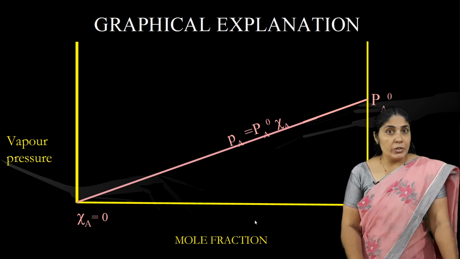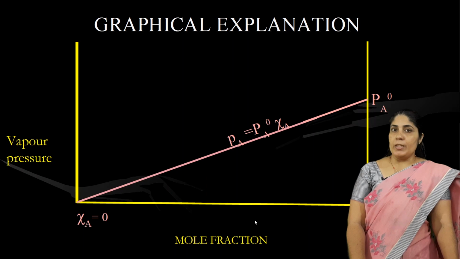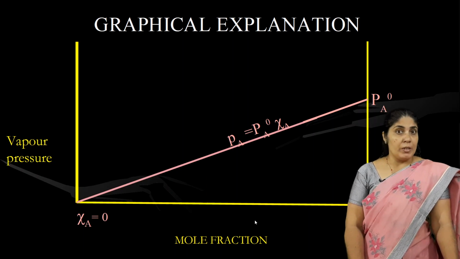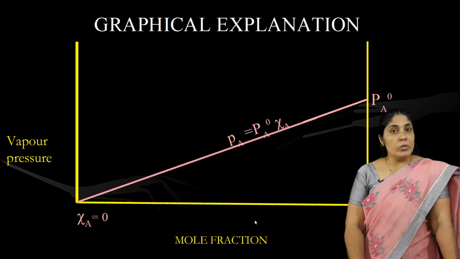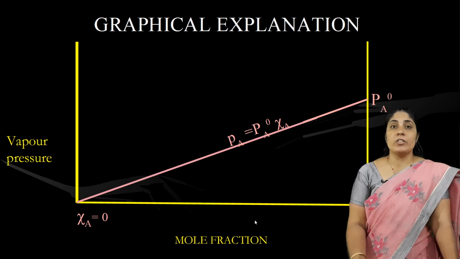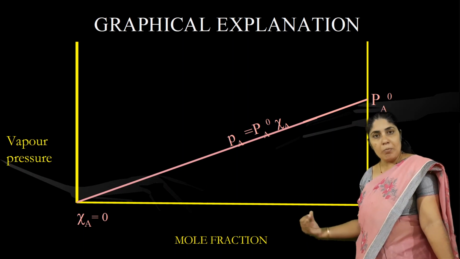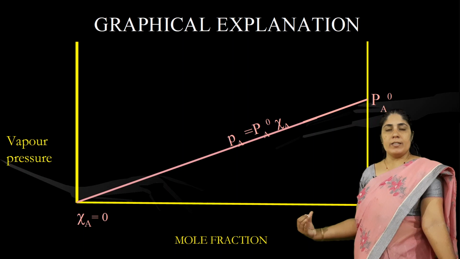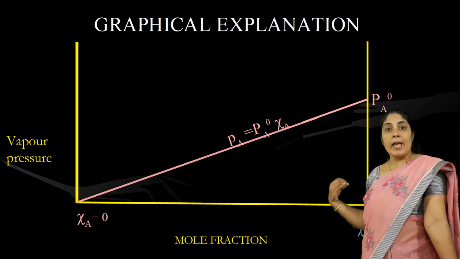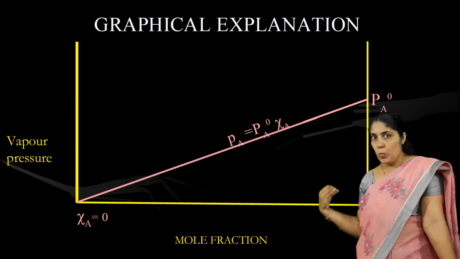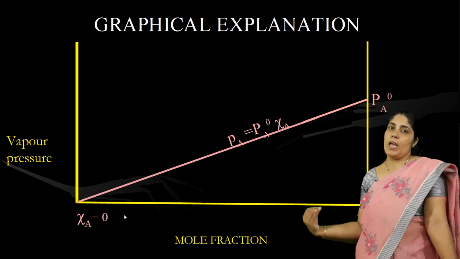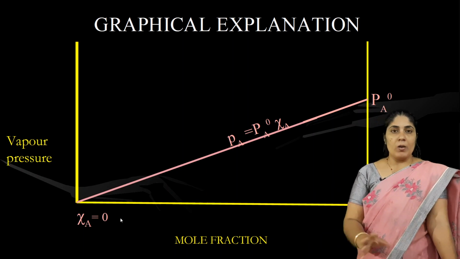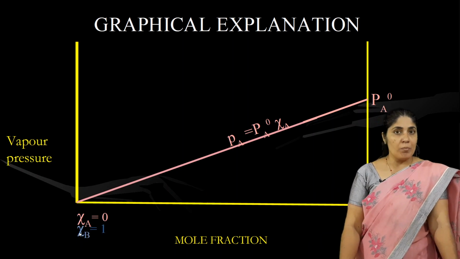Now, I am going to introduce the second component, that is the B component. When we introduce the B component, the change you can see on the bottom mole fraction axis is that where chi A is considered as 1, the second component has to be marked 0, because we are having the fraction of component.